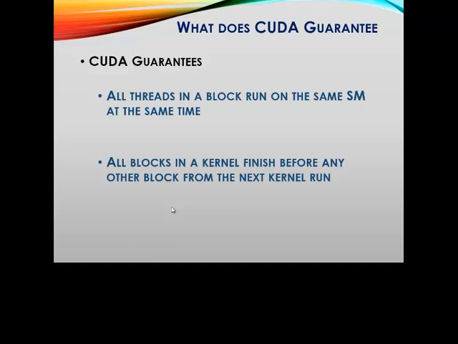The second implication is that all of the blocks in a kernel must finish before any block from any other kernel is allocated and associated to your program, or to your GPU. What that means is that if you have a program that needs to be split in multiple kernels, you need to remember that the kernels will be serialized.